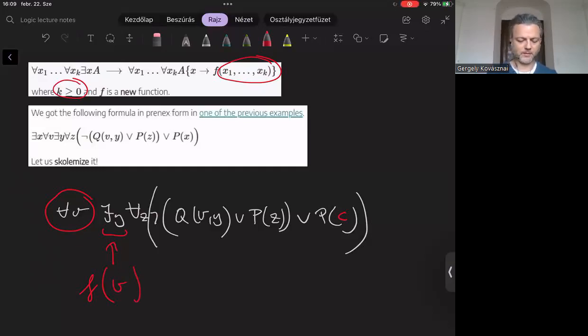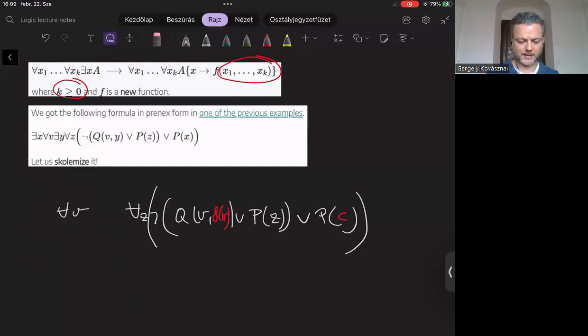So this is f of v, what you are supposed to substitute for y everywhere in the formula. You can find y only here. So let me substitute f of v here. That's it. And after you did it, you can eliminate the existential quantifier like that.